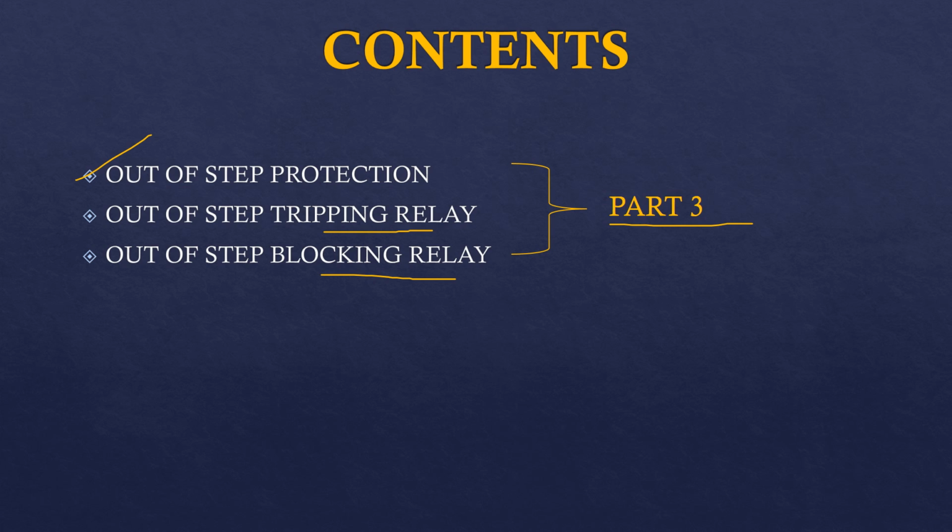Out of step tripping relay prevents the tripping of distance relay during power swing, whereas the out of step blocking relay blocks the operation of distance relay during power swing. Thus, these two relays are studied under the out of step protection technique for power swing. Out of step protection.